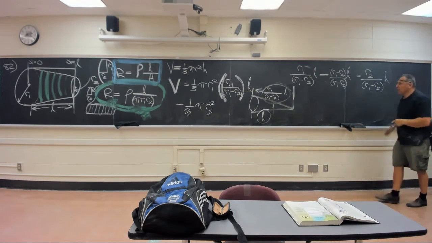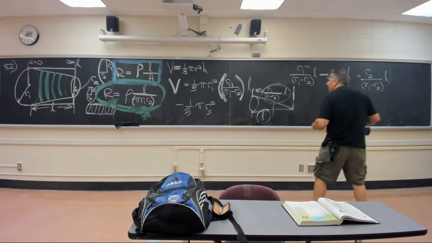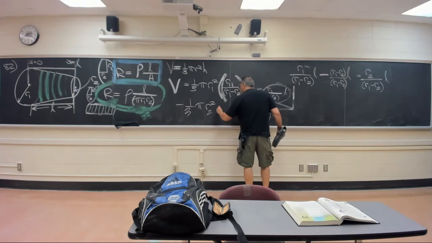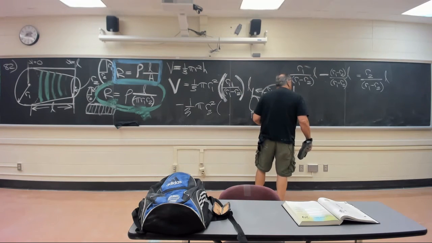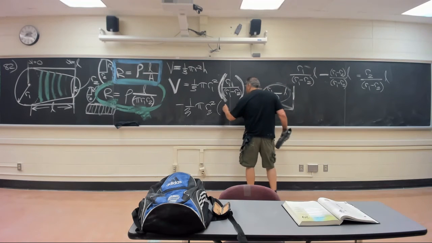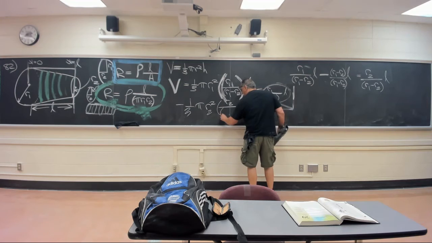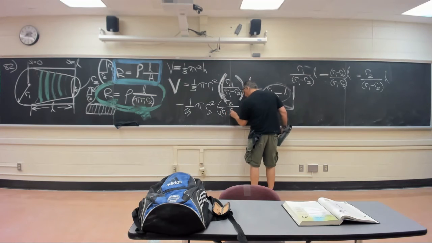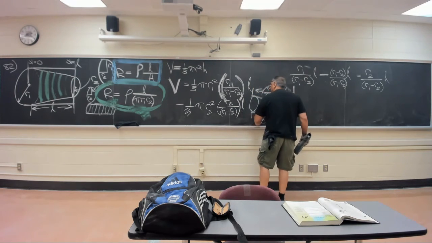That's the short one. That's the short length. So that's going to be R2 over the quantity R1 minus R2 times L. Okay.